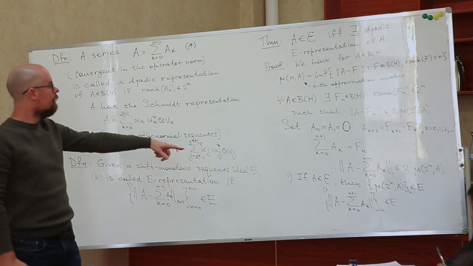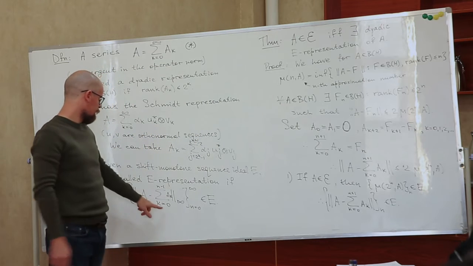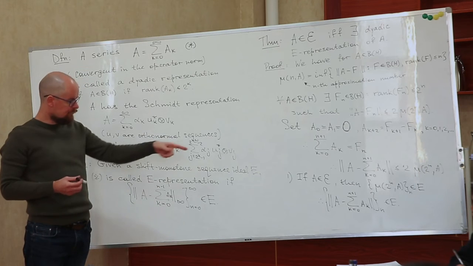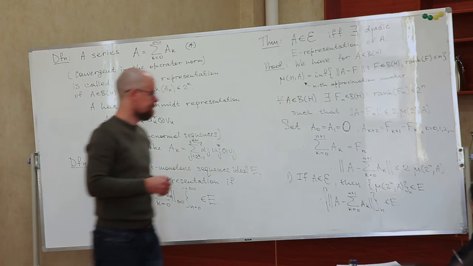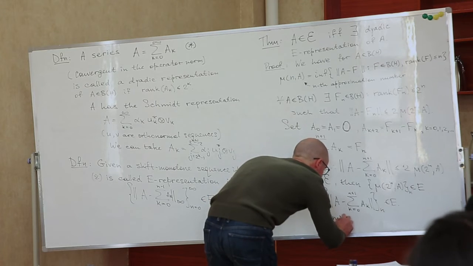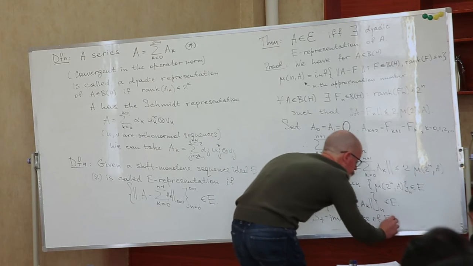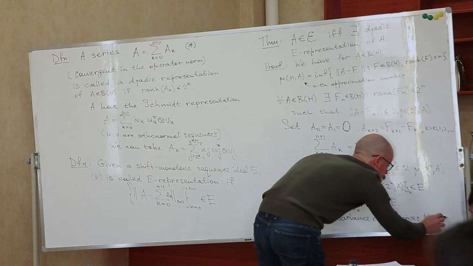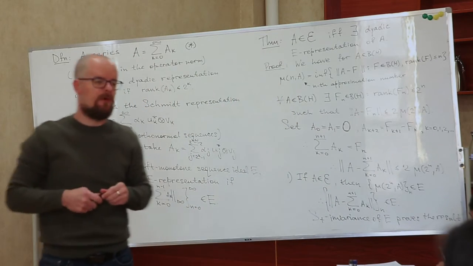To show that these A_k form an E representation, we need to prove this not with n plus 1, but with n minus 1. But fortunately, E is shift invariant. Well, that is the first part.